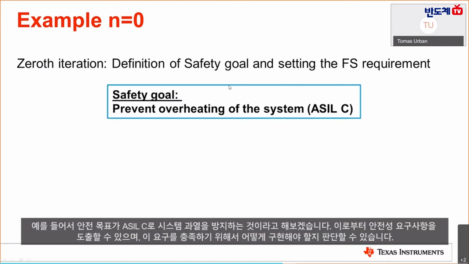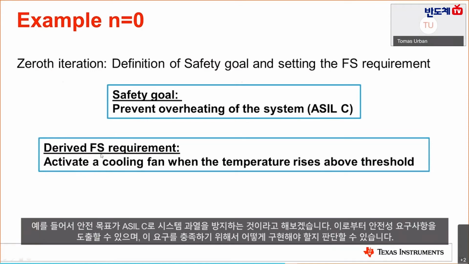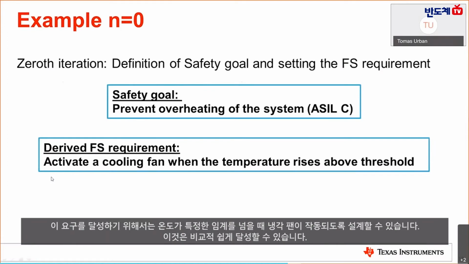I took an example where the safety goal is to prevent overheating of the system, with a classification of ASIL C. The derived safety requirement already kind of shows the implementation, or from the very helicopter view, how this should be achieved. This may be the wish of your customer: activate a cooling fan when the temperature rises above a threshold. So this is very simple.